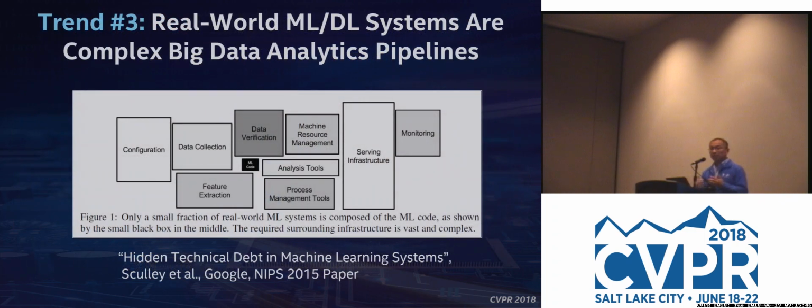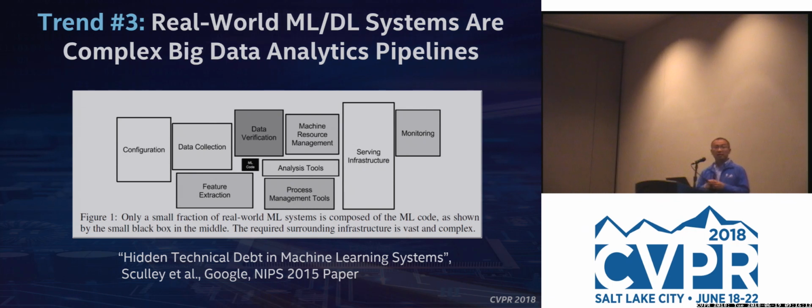Trend number 3 is actually from a Google NIPS paper. I'm not sure if you can see it very clearly from there, but essentially the black box here is your machine learning code or your deep learning code, the model we are all excited about.